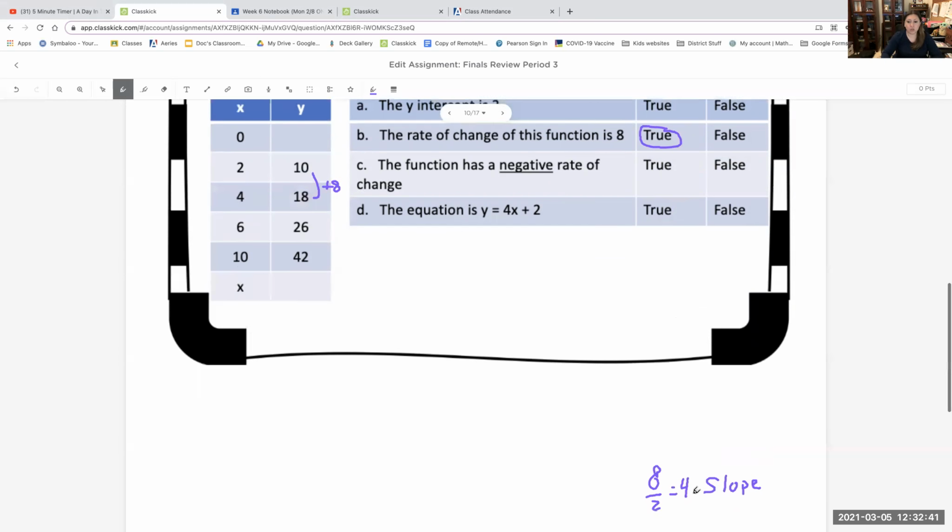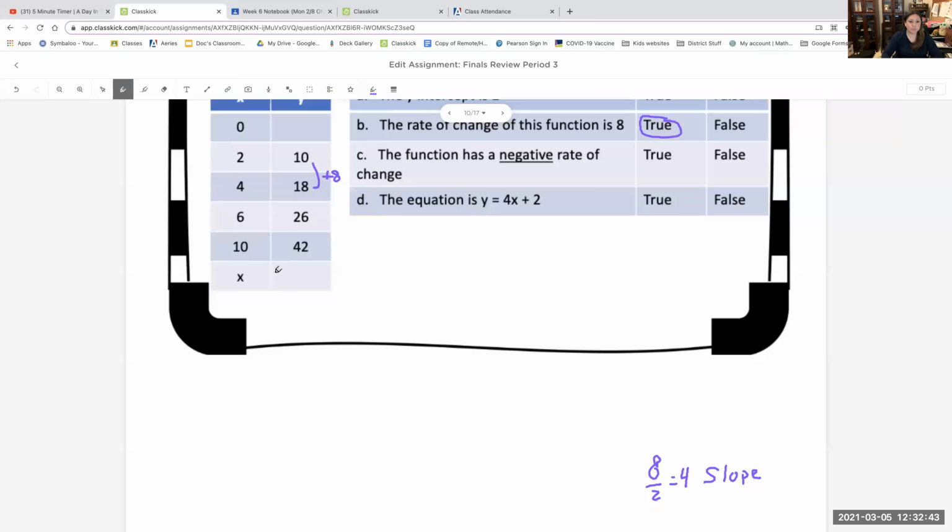So once I know that my slope is 4, I can write, and again, I'll put it down on the bottom. I know my equation needs to look like this: y equals mx plus b. So y equals, m is my slope.